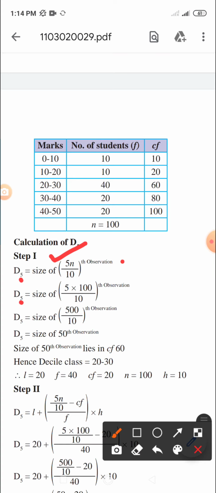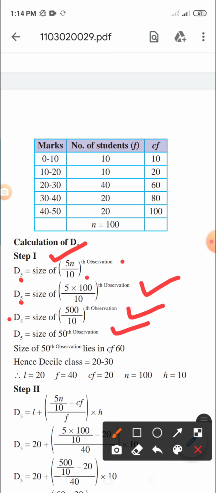So D5 is equal to size of 5 into 100 upon 10th observation. Next, D5 is equal to size of 500 upon 10, so D5 is equal to size of 50th observation.